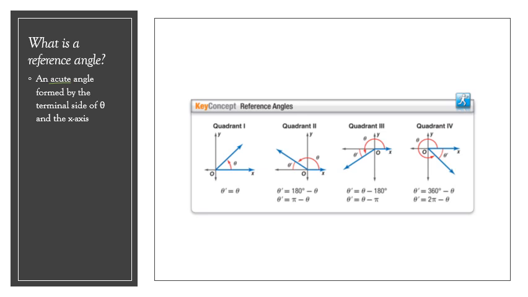And then the angle is formed by the terminal side of our angle theta. So remember that when we're talking about angles in standard position, we always have an initial side right along that x-axis, and then a terminal side that basically shows where the angle ends.